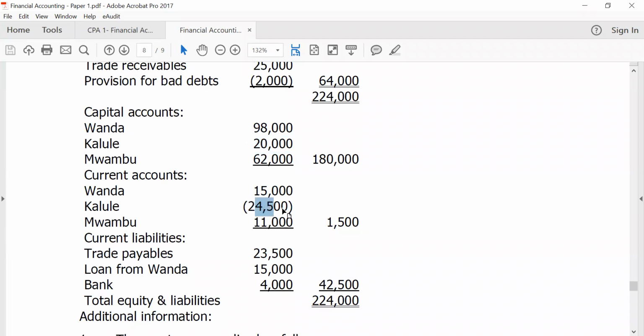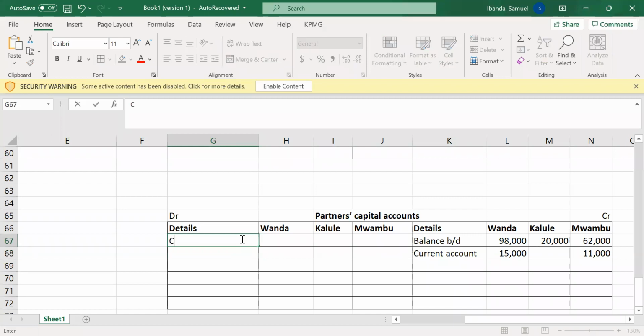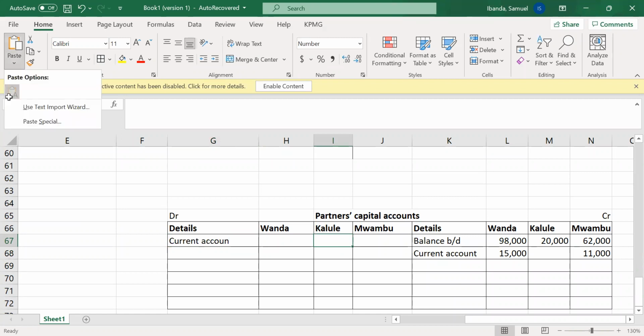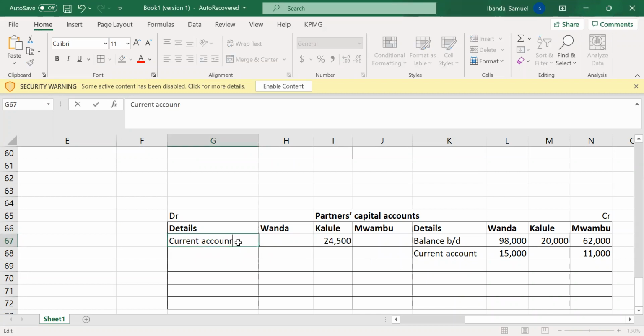If our current account shows 24,500 for Wanda in bracket, what I'll basically do for Karule is come here and say current account still, and I'll record this value in here, 24,500. I'll record it in that column. That is what I'm going to basically do.